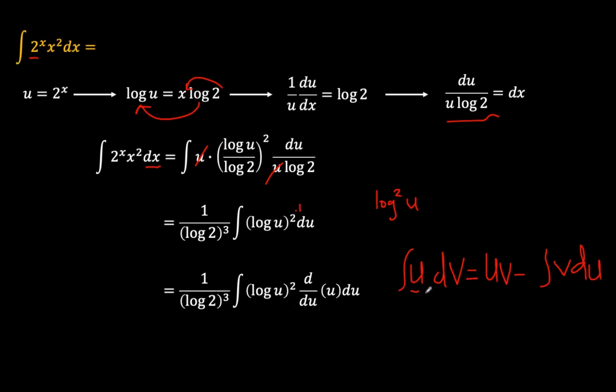Now, capital U here for us is log u squared, and dv is the derivative of u here. So that now our answer here would be the product of U and V first, which is going to be log u squared times u.